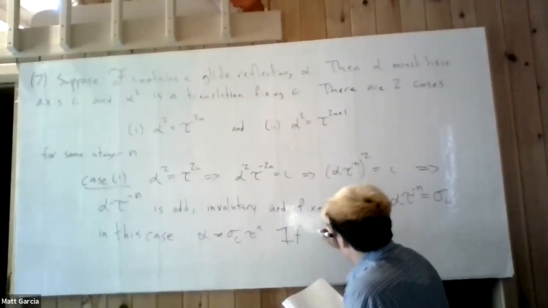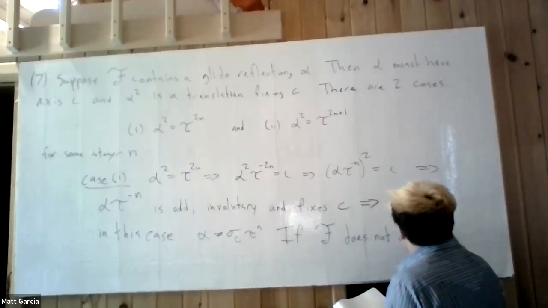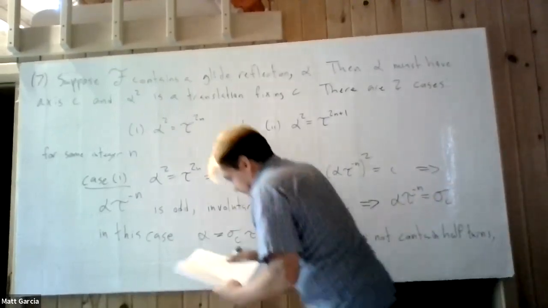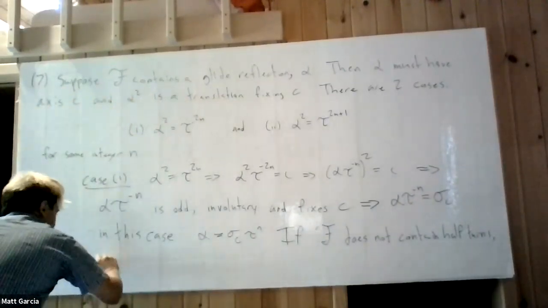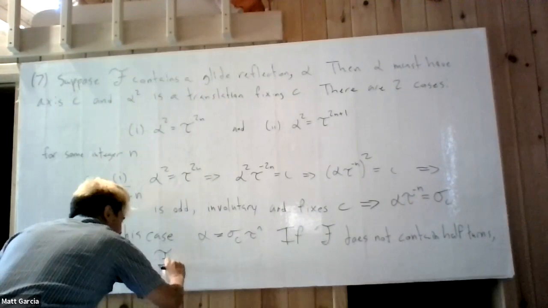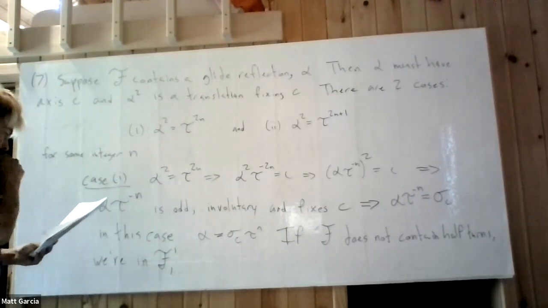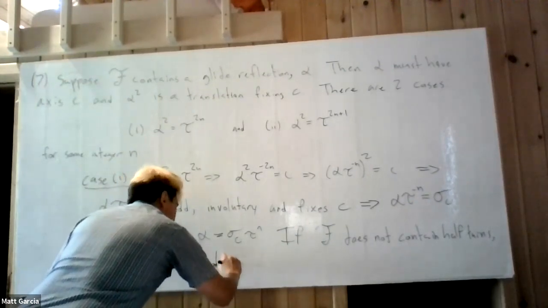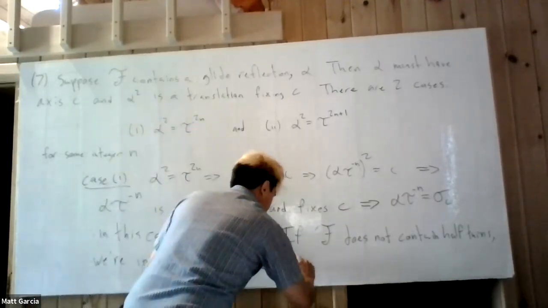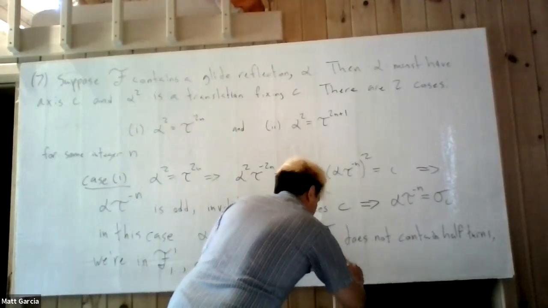So let's say if our Frieze group F does not contain half turns, we're necessarily in F11. And if it does, then we're in F12.